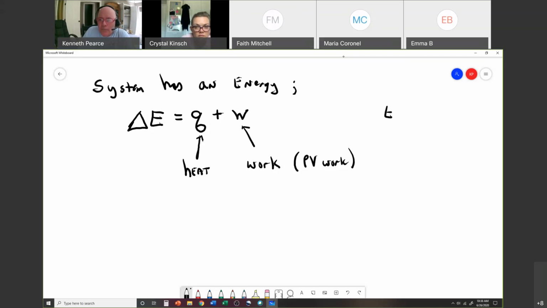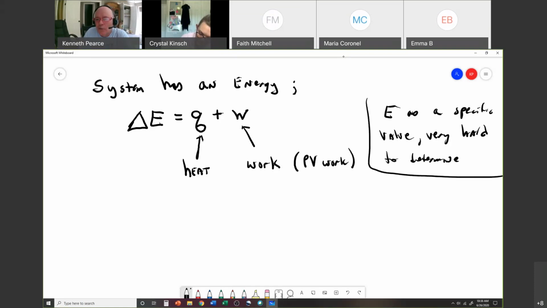E as a specific value, as opposed to the difference in energy, is very hard to find, very hard to determine. As an aside, okay, E is a specific value. Delta E, delta, by the way, means change. Okay, so the change in energy of a system is the heat plus the work.